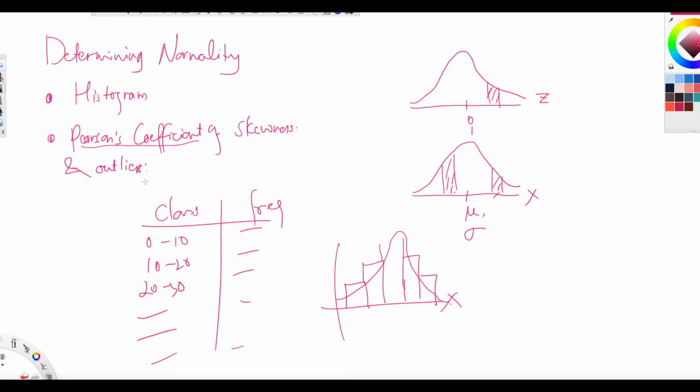Also, we make sure that there are no outliers, because outliers sometimes play a big role in showing the distribution is not normal. So we also find outliers, and we usually try to get rid of them. If there is any outlier, we remove it and then we find out the normality of the data. So we check for outliers and we also find the Pearson's coefficient of skewness.